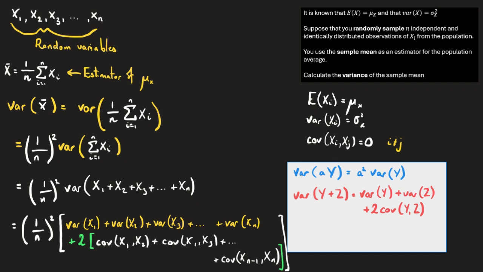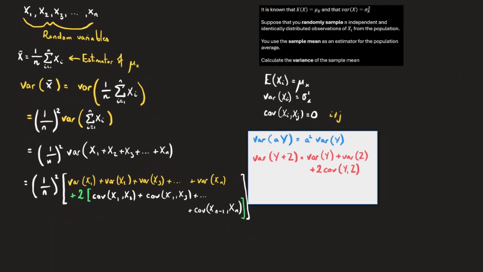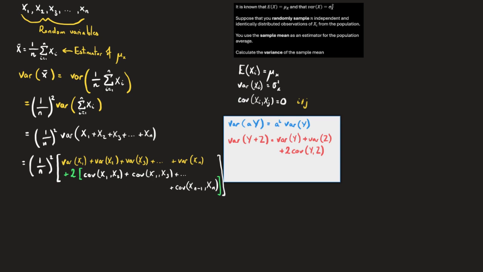Of course, this notation that we've used here is quite expansive, and we can simplify this using summation notation. So we can rewrite this as being equal to 1 over n squared times, first of all, the sum of all of the variance terms. So we can represent that as the sum from i equal to 1 to n of the variance of xi. Then we're going to represent all of the covariance terms.